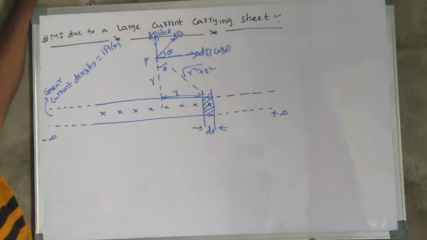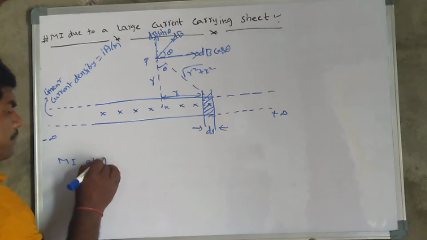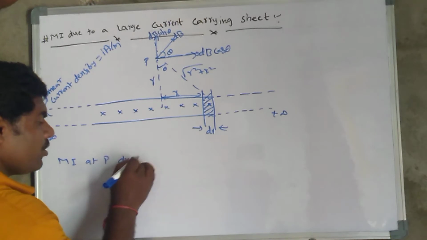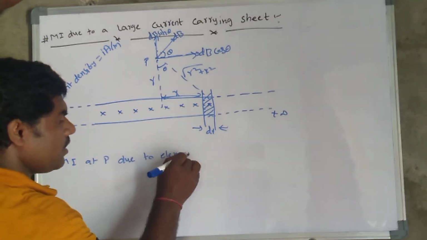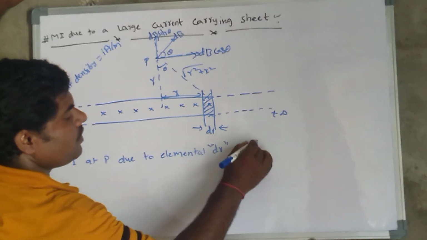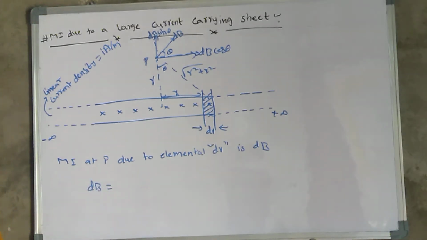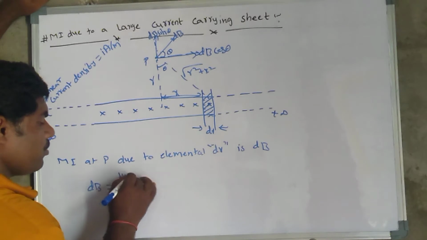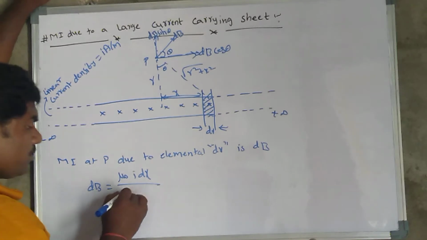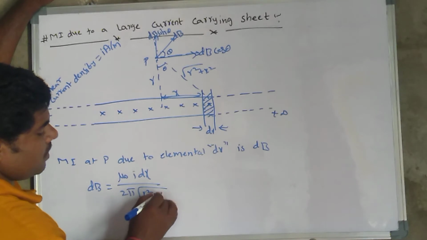So the magnetic induction at P due to the elemental dx is dB, and already we know the formula according to Biot-Savart law: dB equals mu naught I dx divided by 2 pi into root of r square plus x square.